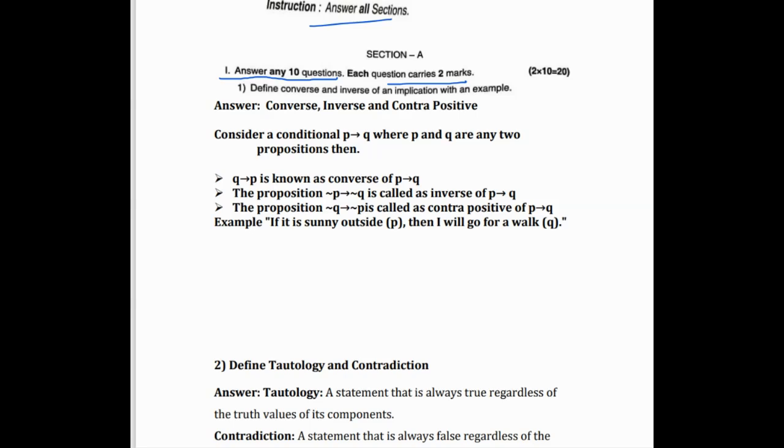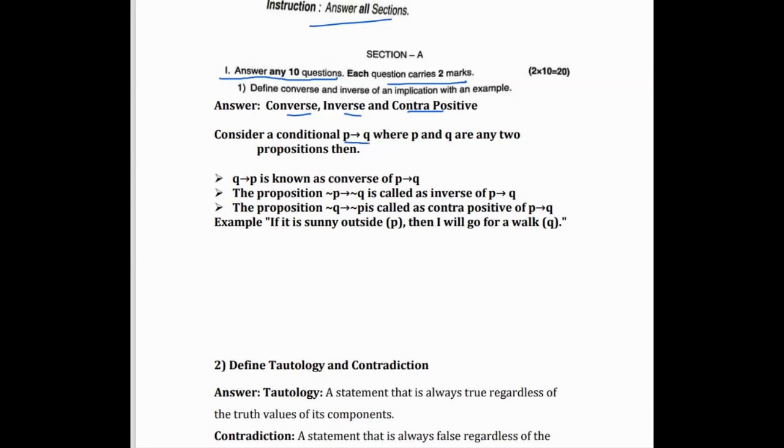Define converse, inverse, and contrapositive of an implication with an example. We have to find the converse, inverse and contrapositive with respect to the implication.